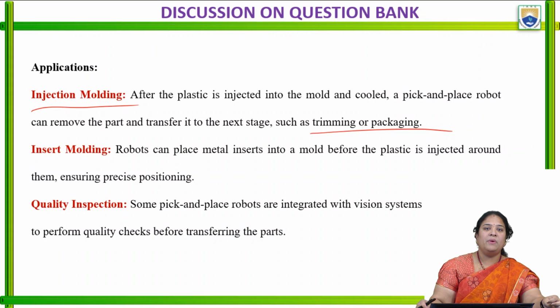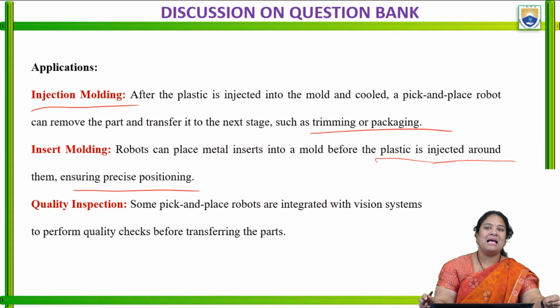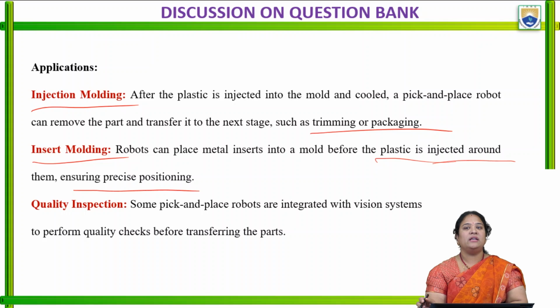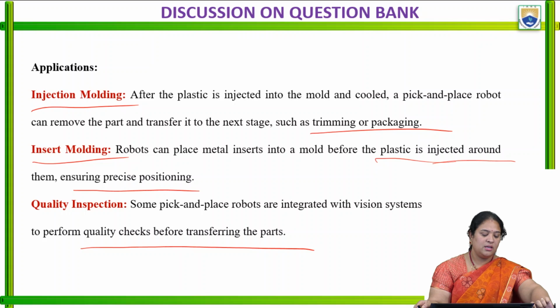When ensuring precision positioning where plastic is to be injected around inserts, the robot can place metal inserts into the mold before the plastic is injected around them. That is known as insert molding. In quality inspection, some pick and place robots are integrated with vision systems to perform quality checks before transferring the parts.